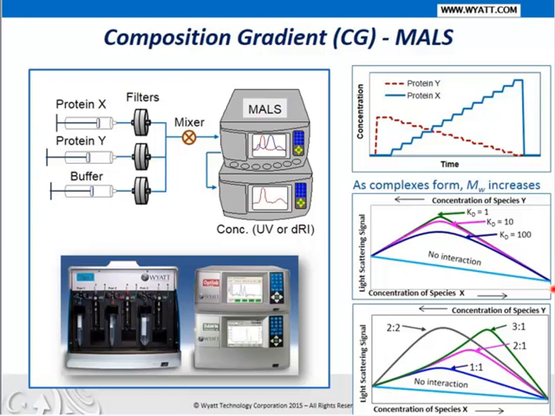When proteins X and Y form a complex, molecular weights increase. So then we will see this characteristic curvature with a maximum in the light scattering signal. The extent of the signal is related to the binding affinity, or the equilibrium dissociation constant. The location of the maximum is related to the stoichiometry of the complex.